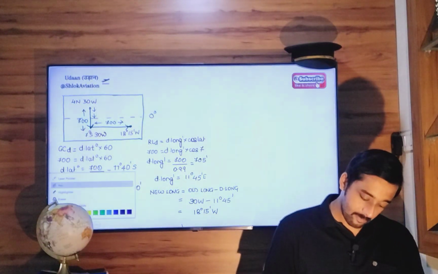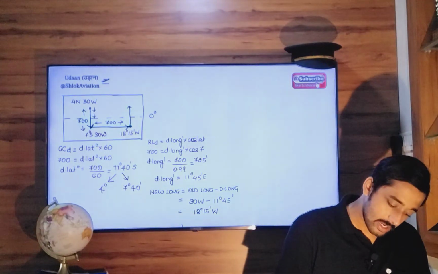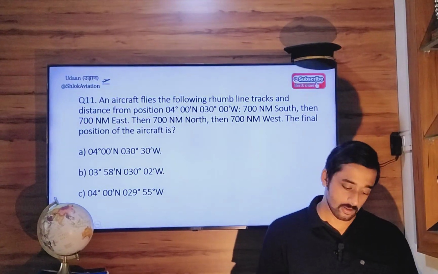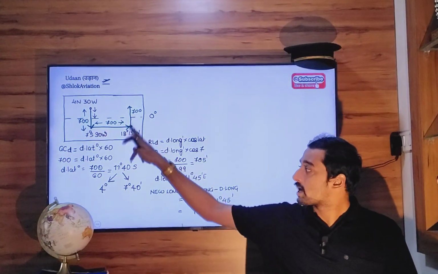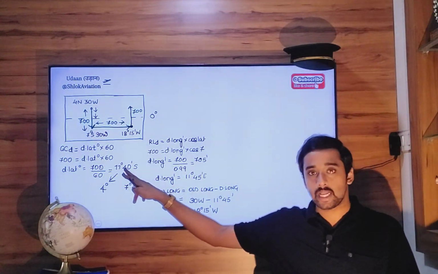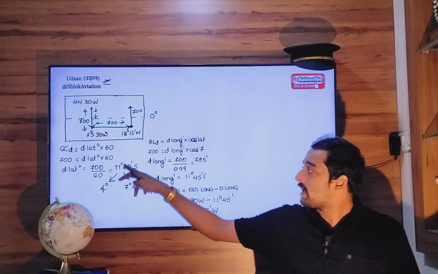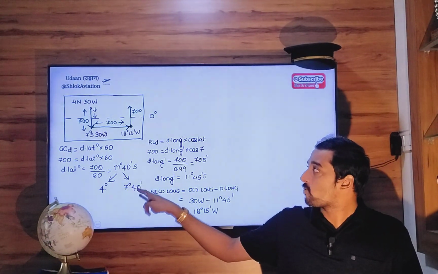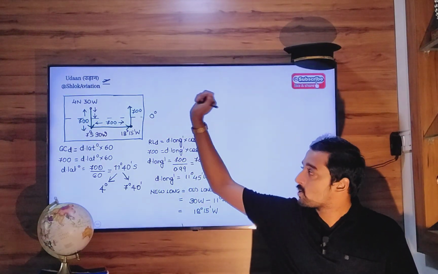From this position, the plane flies northwards for another 700 nautical miles as given in the question. When it flies 700 miles north just like this, again d lat will be the same, 11 degree 40 minutes. Out of that 11 degree 40 minutes, you will travel 7 degree 40 minutes in the southern hemisphere and the remaining 4 degree in the northern hemisphere.